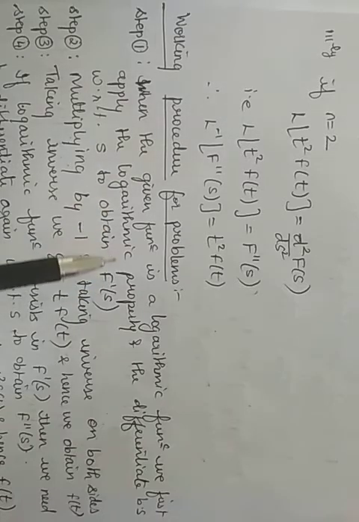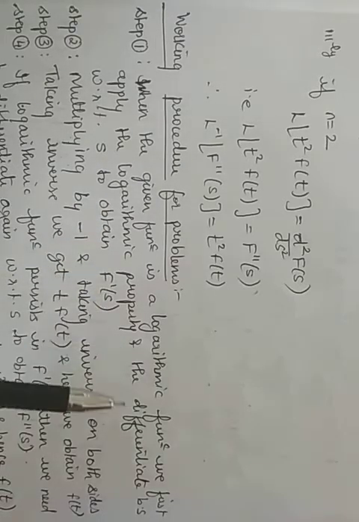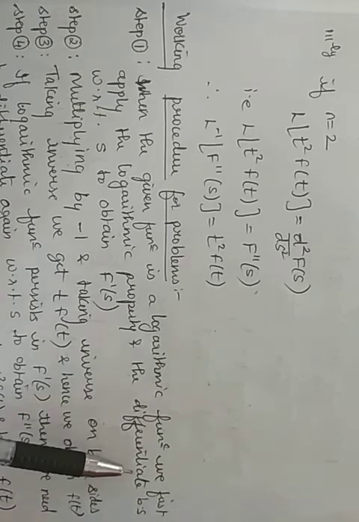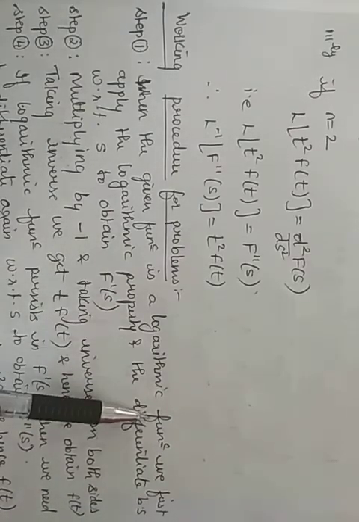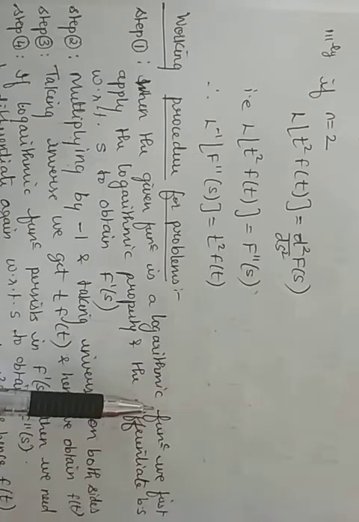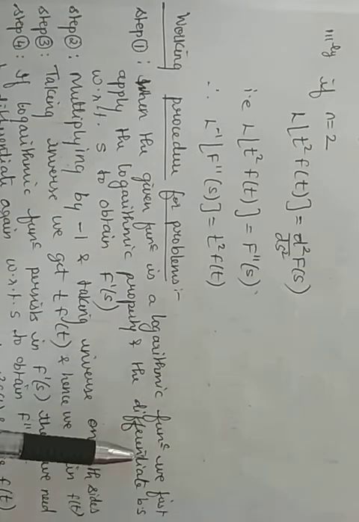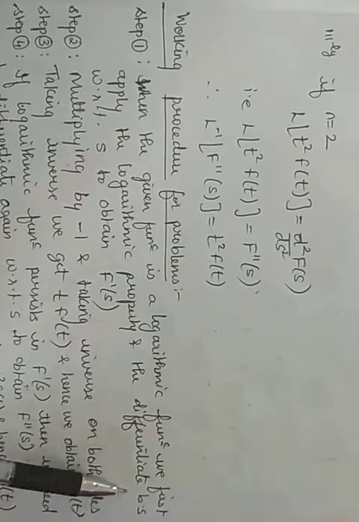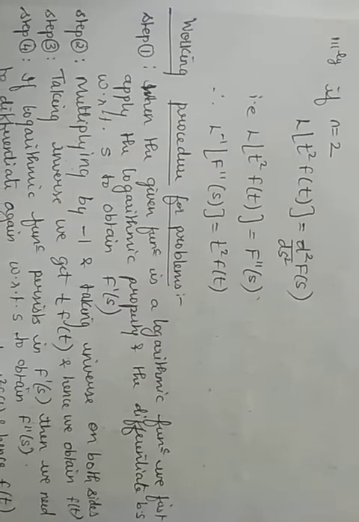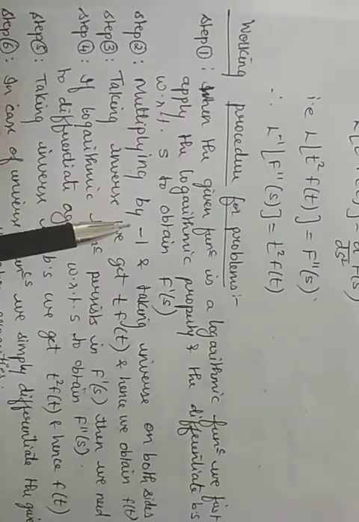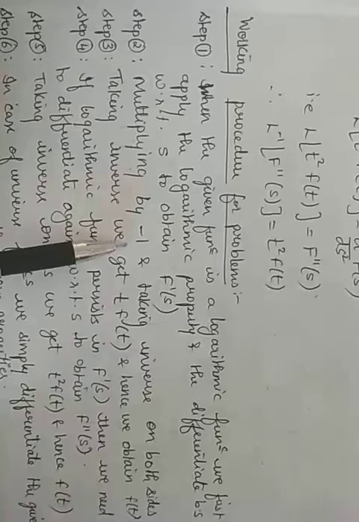When I apply that property, the very next step is to differentiate the function. Here the given logarithmic function is always denoted as f of s. That f of s is equal to log of something, which will be differentiated with respect to what? S. From that I will get f dash of s. Once we get f dash of s, we multiply both sides by minus 1.